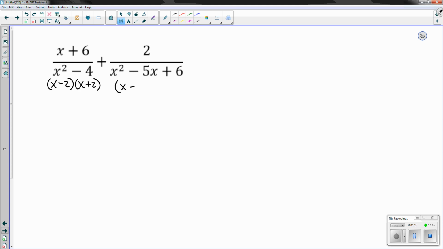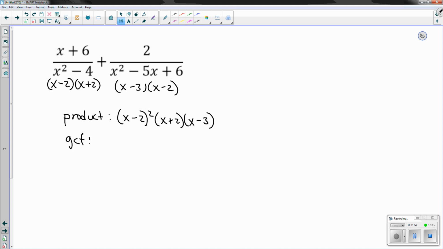Here, we find the product, we find the GCF. Now we can find the LCM, which doubles as our least common denominator. You'll notice that the x minus 2's would cancel: x minus 2, x plus 2, x minus 3.